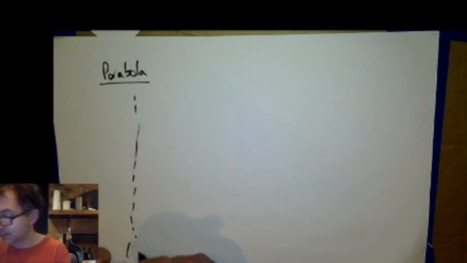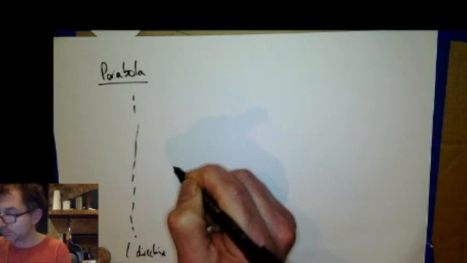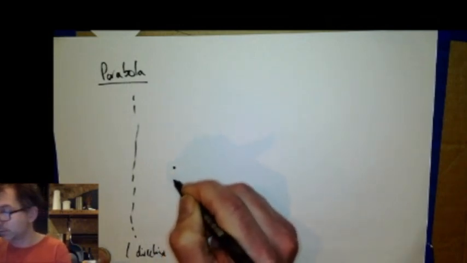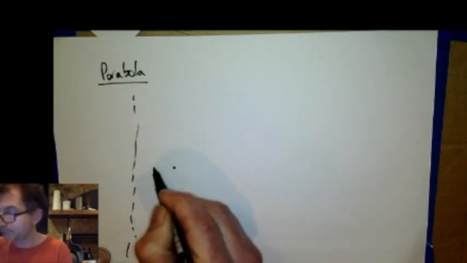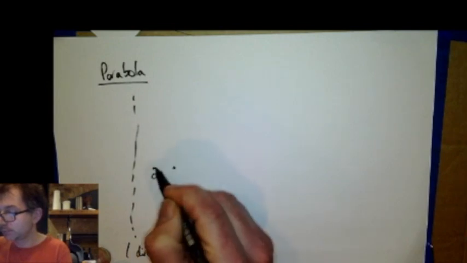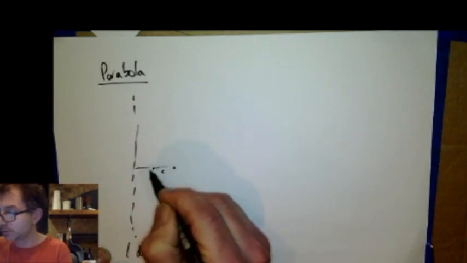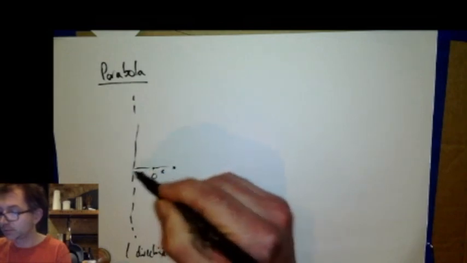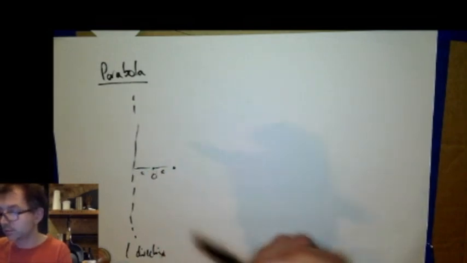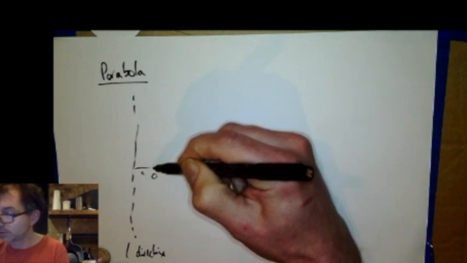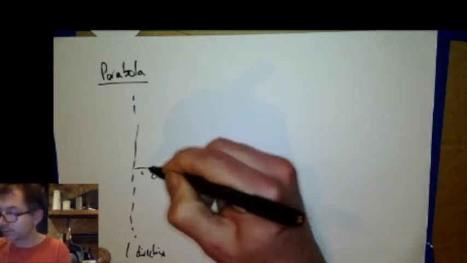So this is the L, which is the directrix. And a focal point here, an origin here, similarly a point, so this will be C from the directrix backwards, and C to the focal point.